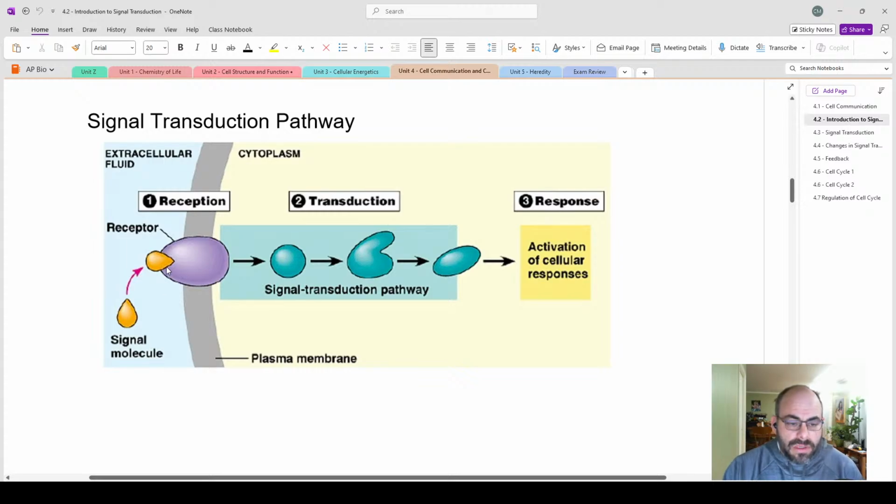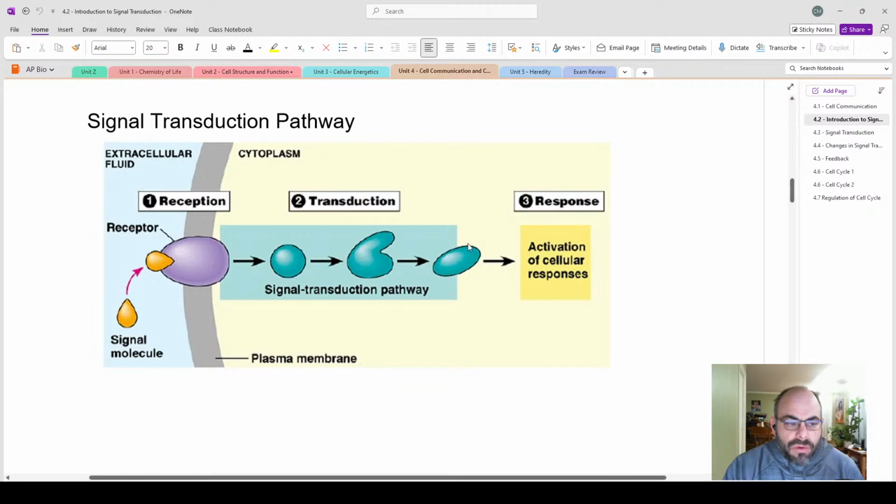It receives the signal molecule. Transduction is the relay between reception and response, and it can happen in any number of steps. And then response is some sort of cellular response, typically like the production of a protein, or it could be something else, but it's probably going to be that.